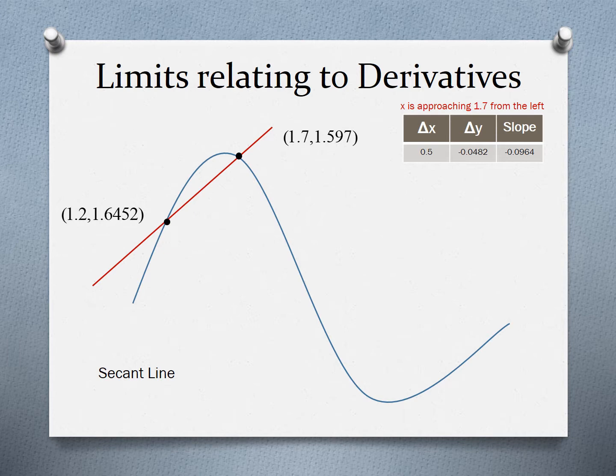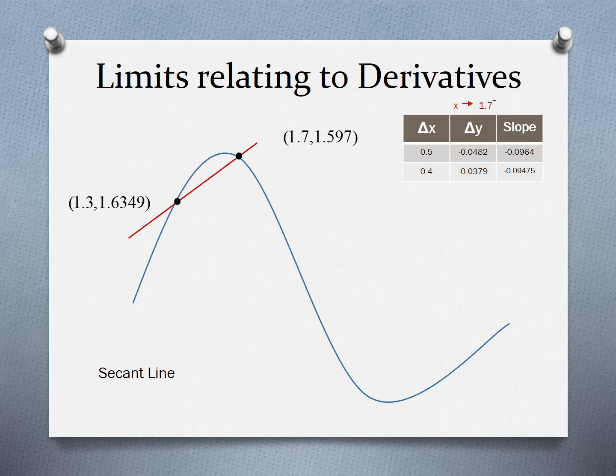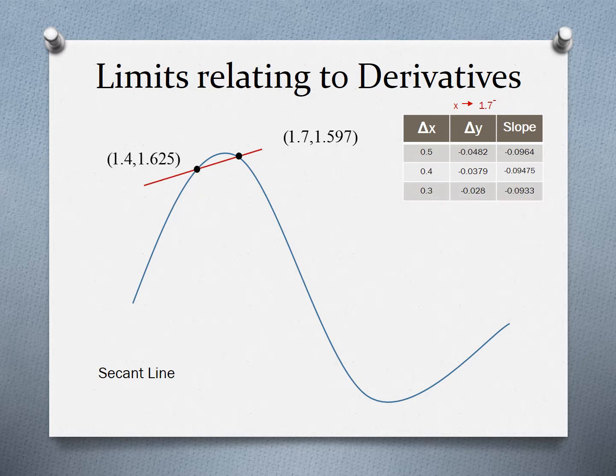I now have a secant line. This secant line is only going to become a tangent line in one instant, when I just barely move that line and it becomes a tangent line. So right now it's a secant line. I can measure the change in x, the change in y, and calculate the slope. I'll do that again. I'll get closer.